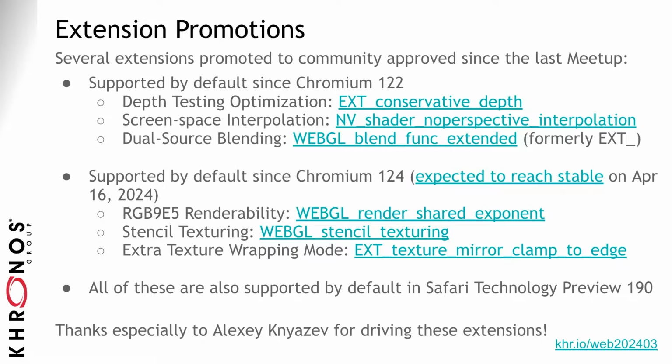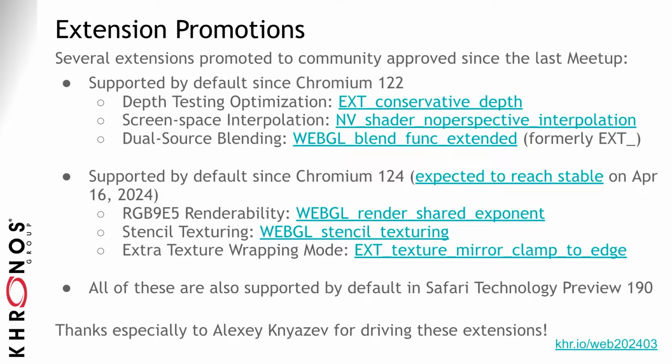Mainly thanks to Alexey Knyazov, who's affiliated with Khronos, we've got a bunch of new community-approved extensions: conservative depth testing, which speeds up some fragment shaders; no perspective interpolation, which is used by Skia and a bunch of other 2D libraries; blend function extension, which has been there for a long time, dual source blending.